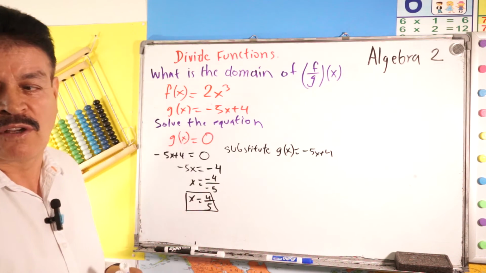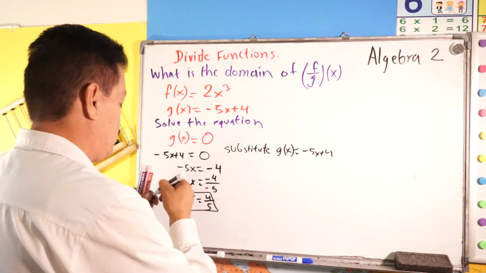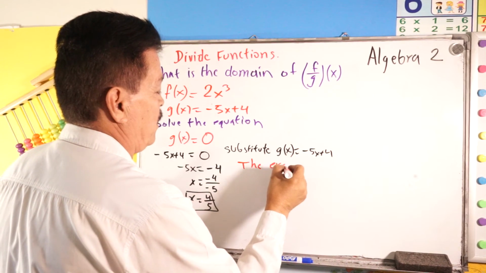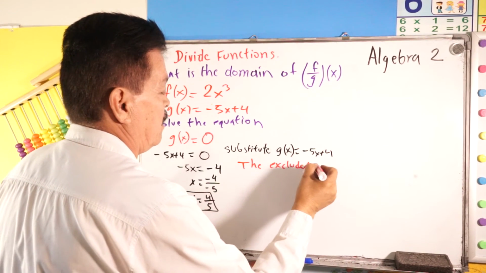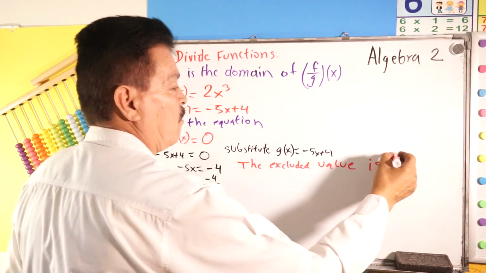So the conclusion: the excluded value is 4/5.